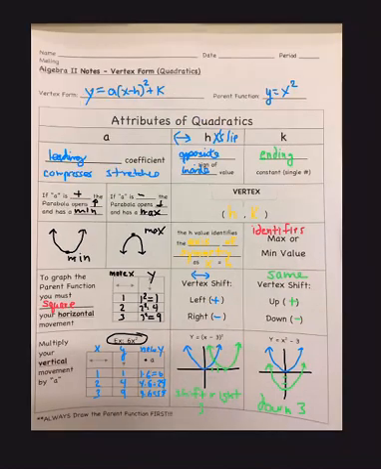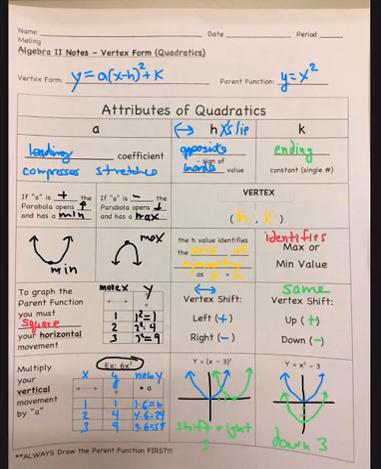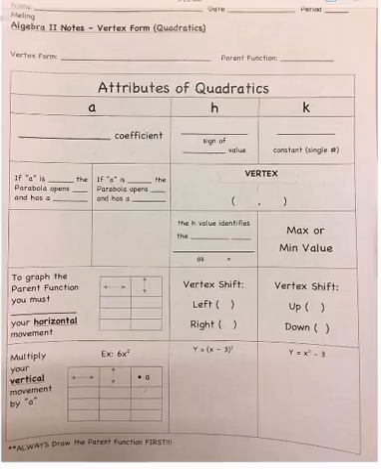So you can see how this is very similar to what we did with absolute value graphs. Everything is the same except now we just have a U-shaped graph and this part here. Right here, that part is a little bit different because now instead of having a slope, we have to move it up with the square root. Okay, let's flip over our page and look at some examples.